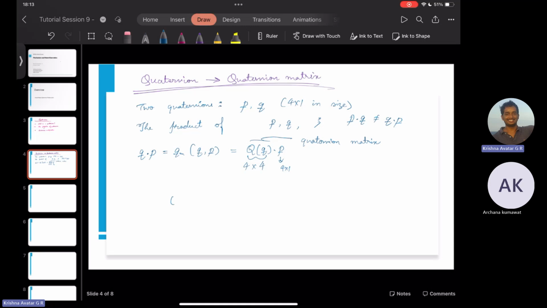And this is represented as Q naught, minus Q vector 1 to 3 transpose, Q vector 1 to 3, Q naught I3 plus C of Q vector 1 to 3.